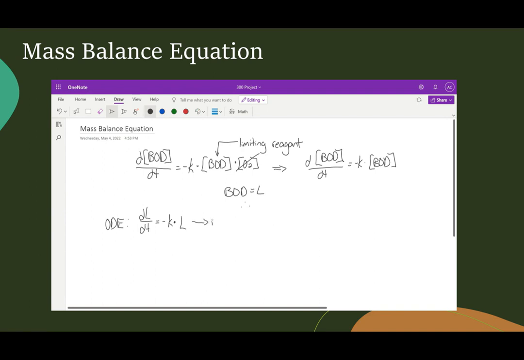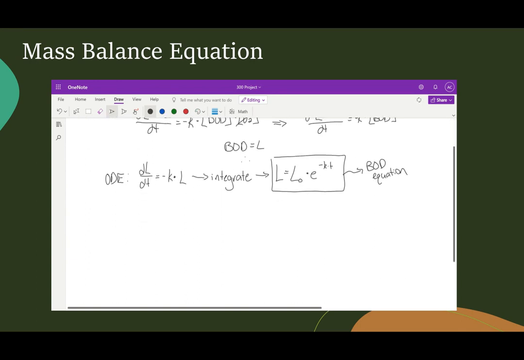So we can then integrate that equation and solve for our BOD. So our BOD is equal to our initial BOD multiplied by e to the negative K rate times the time. So we will be using this equation when we are solving for BOD at a given time.